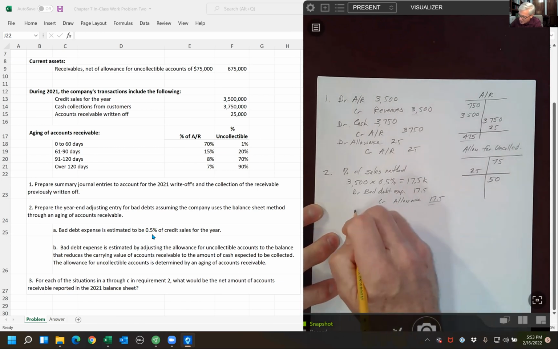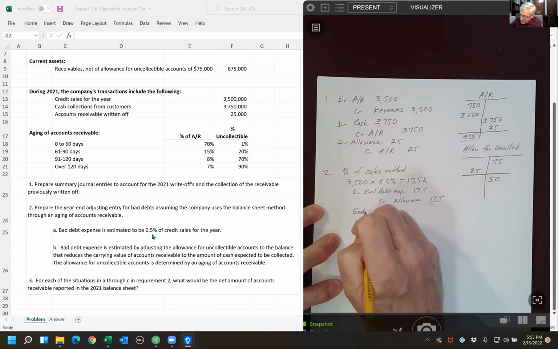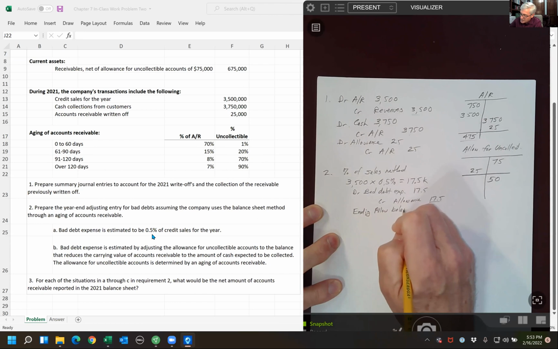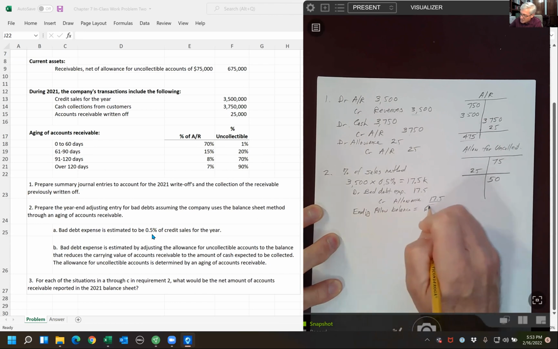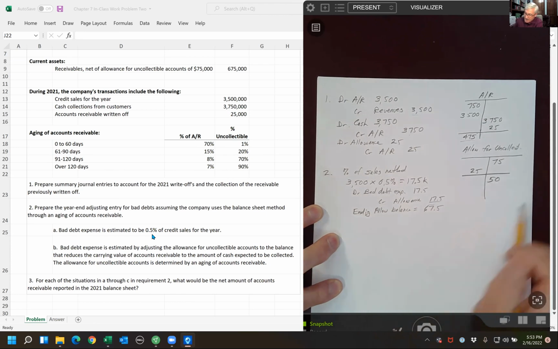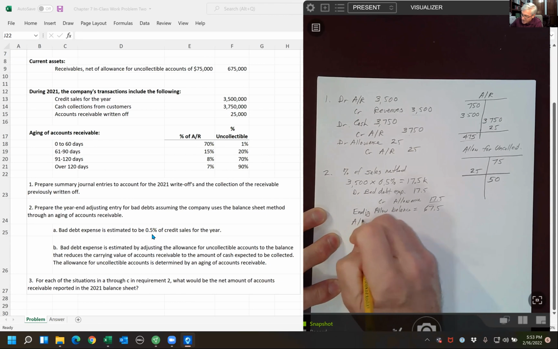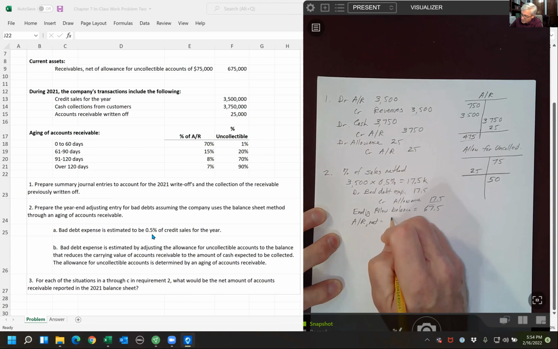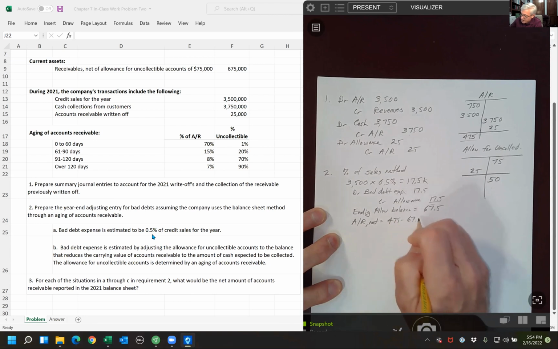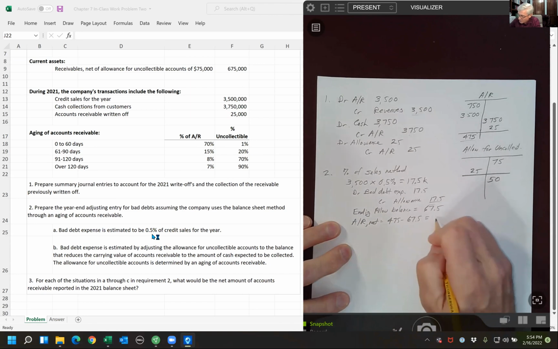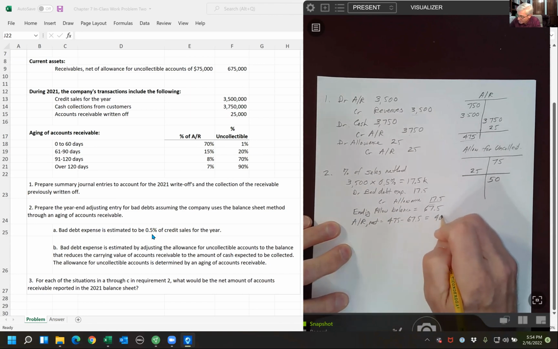Now, let's just do this here. Ending allowance balance is going to equal 67.5, right? Because I credit 17.5 there, got 67.5, and the AR net is going to equal 475 minus 67.5, equal to 407.5.